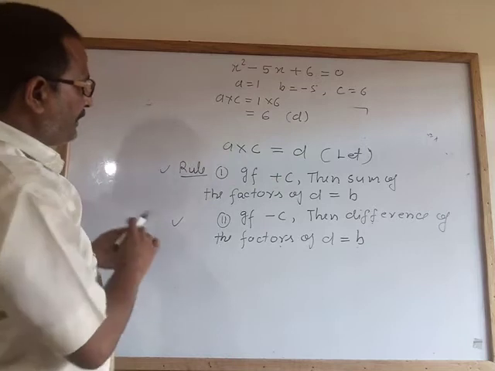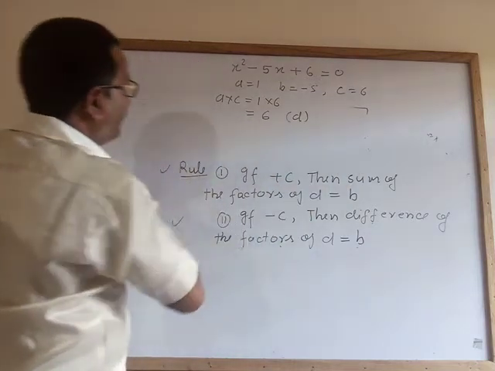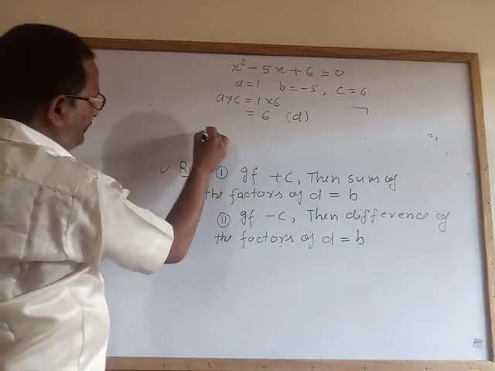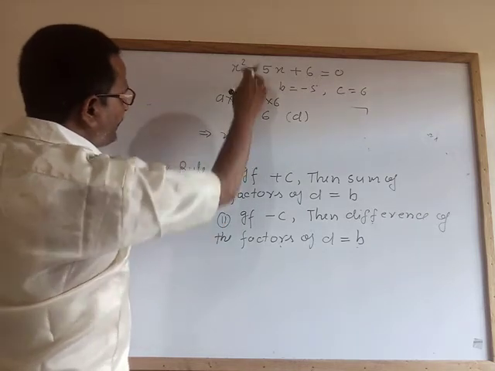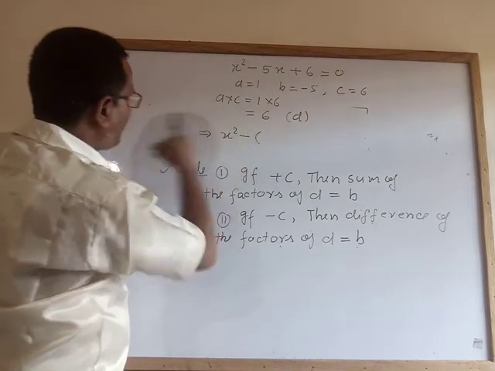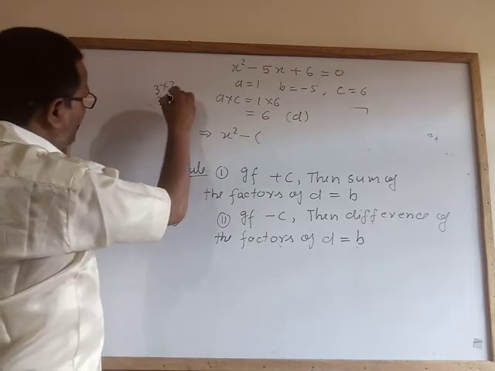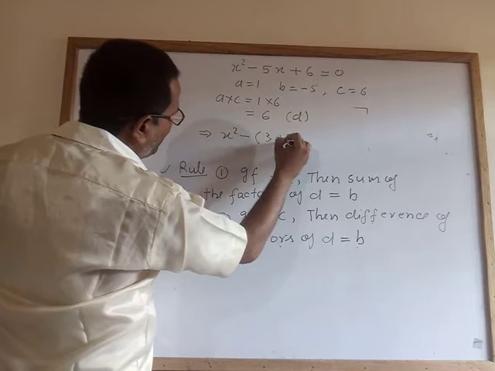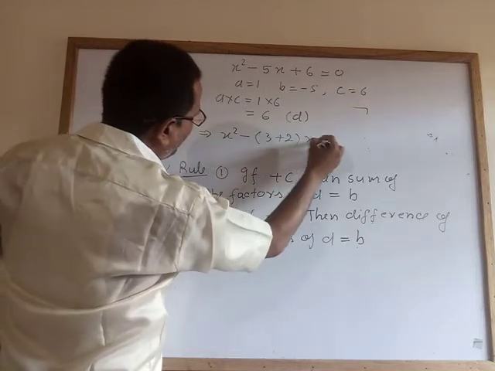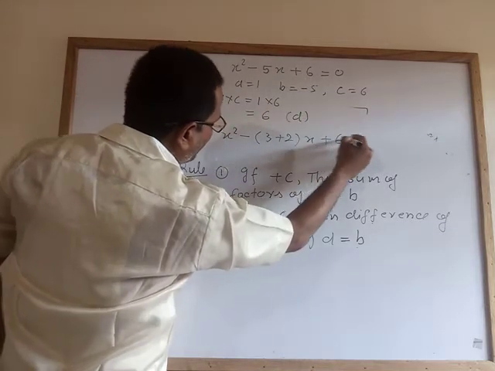Now you apply your method. See that: x square minus, then what factors are coming here? 3 into 2, and 3 plus 2, x plus 6 is equal to 0.